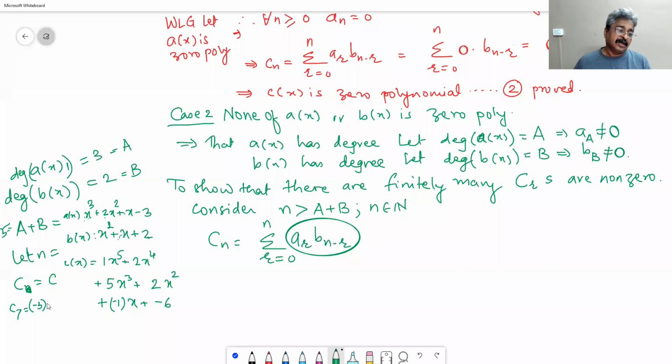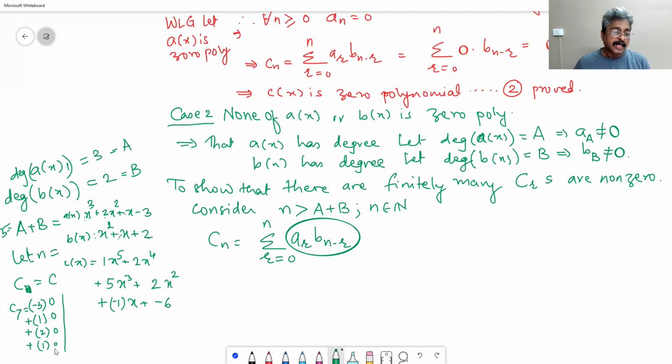B7 is 0, plus, when r is equal to 1, A1 is 1, how much is B6? 0. When r is equal to 2, A2 that is 2, B5 which is 0. When r is equal to 3, A3, B4, we don't have B4, therefore this is 0.